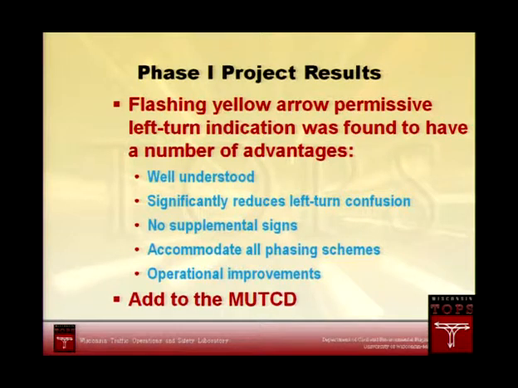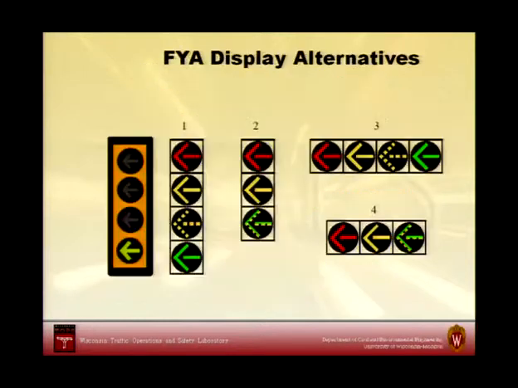I know it's been used in lots of other places around the state, and it's been added to the MUTCD. So it's a good example, and perhaps in terms of the number of subjects, the largest example of using a combination of traditional methods and behavioral methods to implement a new type of technique. So that's it.